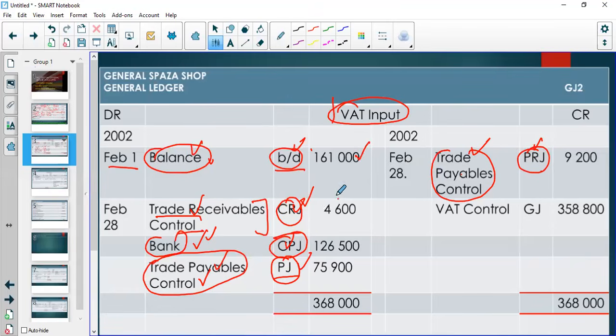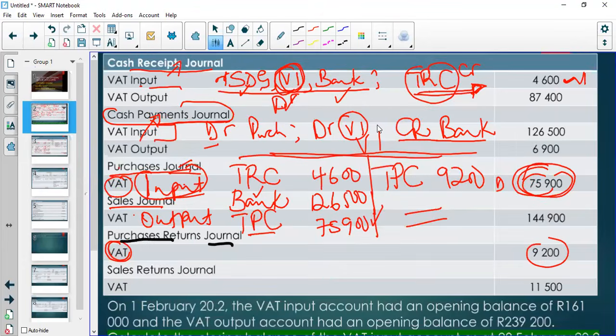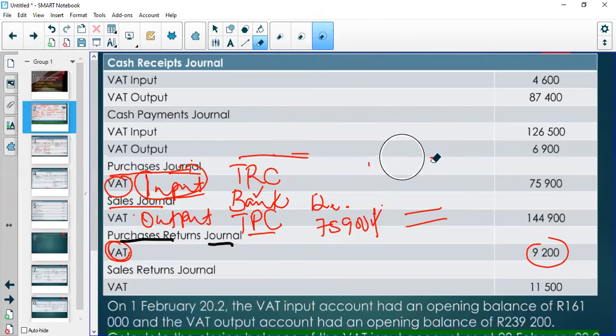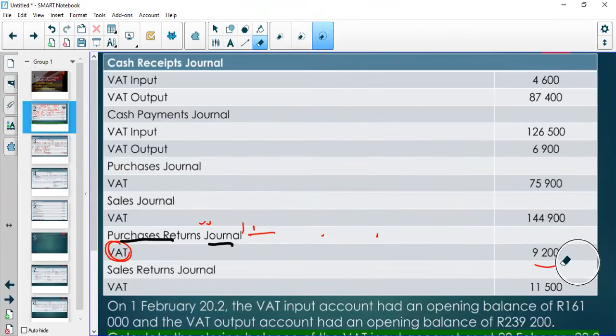This 4,600 is what we have in the cash receipts journal, right? Remember that. Our cash receipts journal told us that we had VAT input of 4,600.